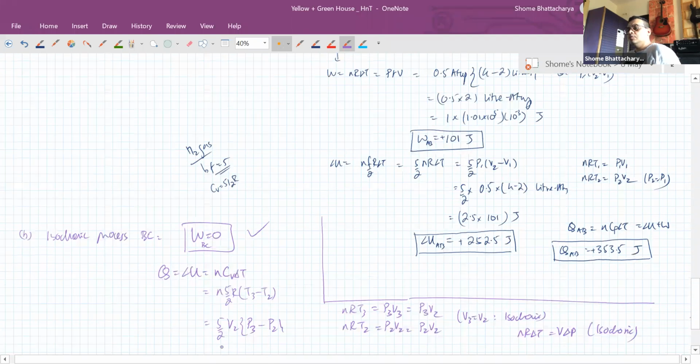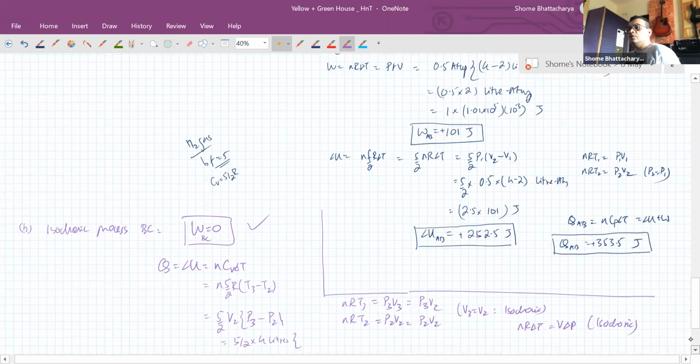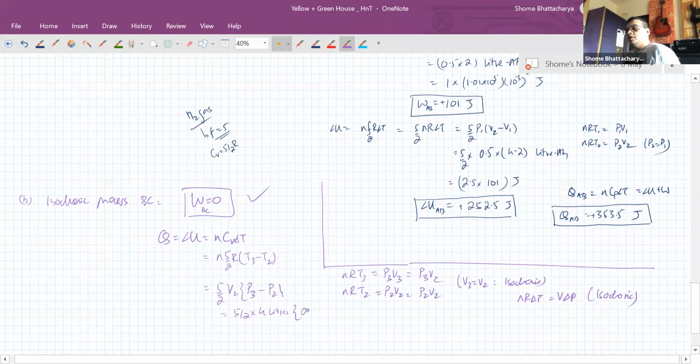So this will simply become 5 by 2 into, that was 4 liters. Now the pressure was decreasing, so this will be a negative quantity. So 0.25 was the final pressure in atmospheres and 0.5 was the initial pressure. 5 by 2 into 4 into minus 0.25 in liter atmosphere.